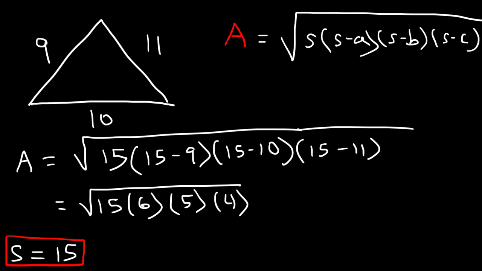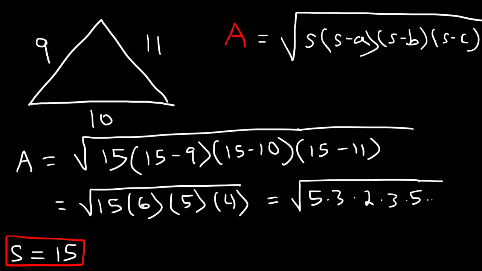Now we need to simplify this answer. So if you don't have a calculator, here's what you could do. 15, you could break it into 5 times 3. 6 is 2 times 3. And 4, well, that's just a perfect square, so we can leave that alone.